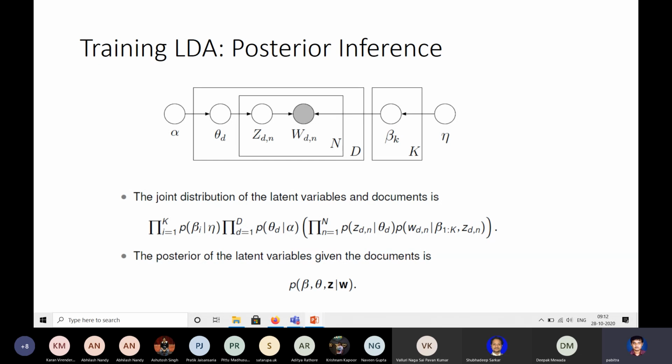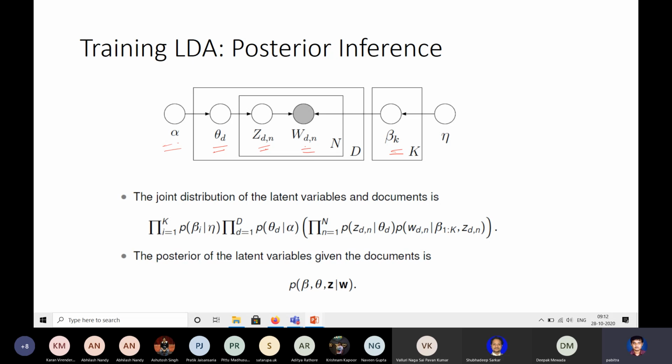Right. So these are the parameters. So this theta, Z_DN, W_DN, and this beta. So these two are the multinomials and these two are the Dirichlet. For the moment, we assume that this alpha and beta are given.